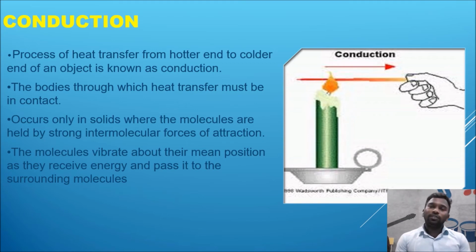When a molecule vibrates, it is in contact with another molecule, so heat energy can be transferred from one place to another where they are in contact. After a few seconds or minutes, depending upon the heat supplied by the flame, you can feel hotness.